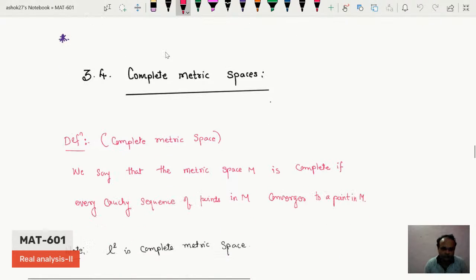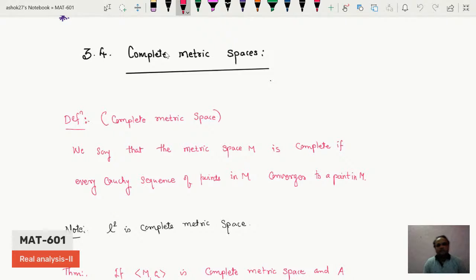So let us continue. The next topic is complete metric spaces. What is the definition of a complete metric space? Let M be a metric space.